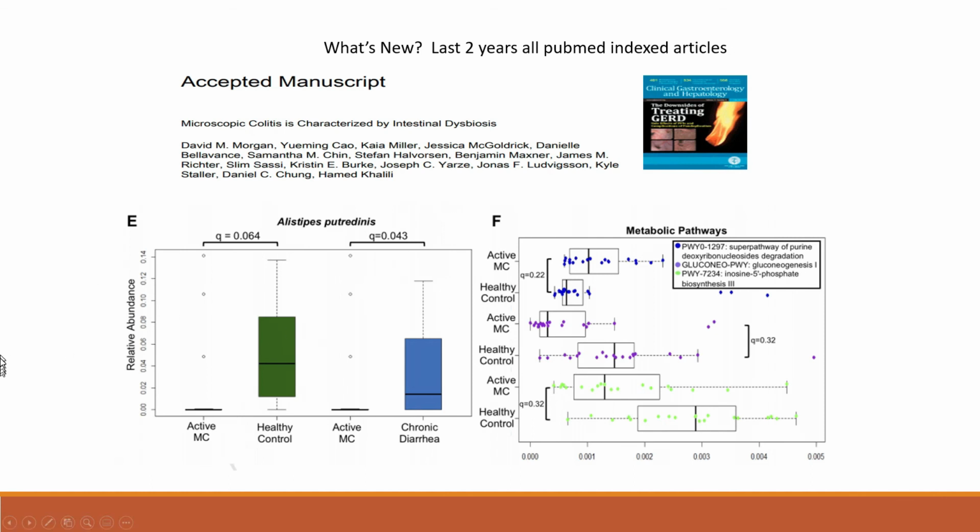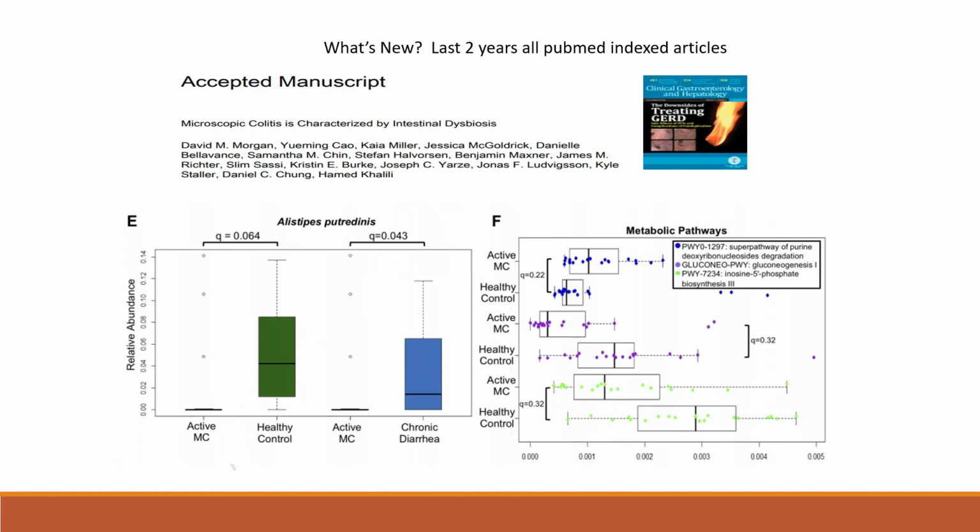What was interesting was that a bacterium, Eisenbergiella tayi, had lower abundance, and the interesting thing about this bacterium is that it actually secretes butyric acid, and we all know that loss of butyric acid has been implicated in diversion colitis. So butyric acid has anti-inflammatory properties, and also nourishes colon health and colonocytes.